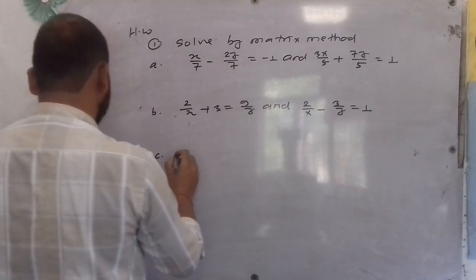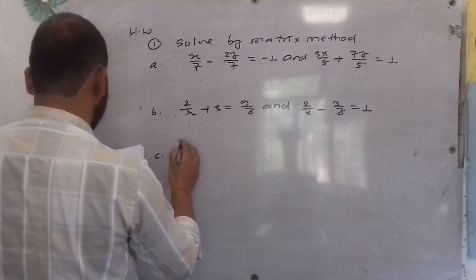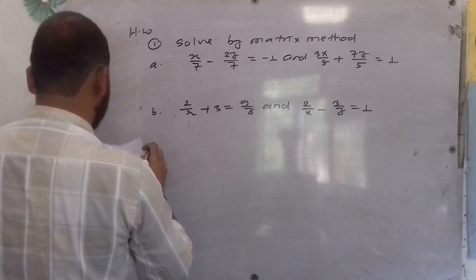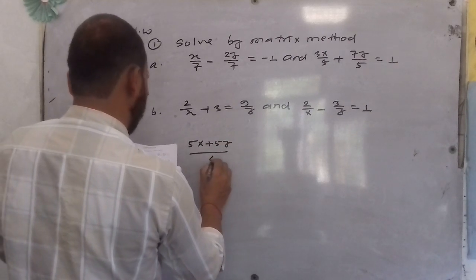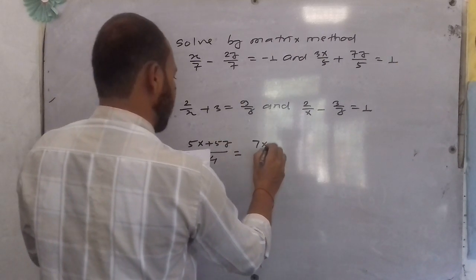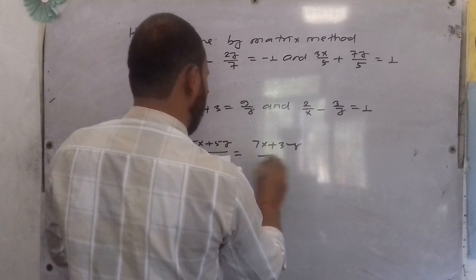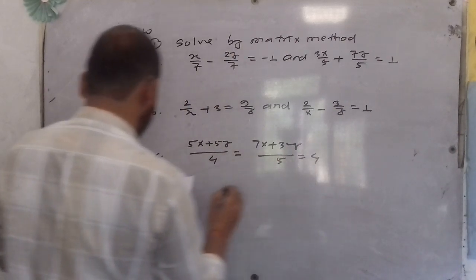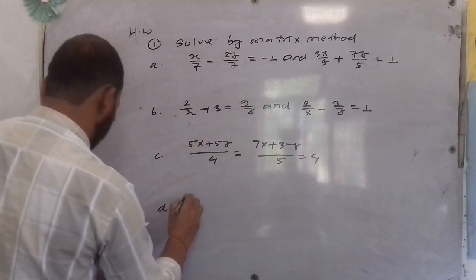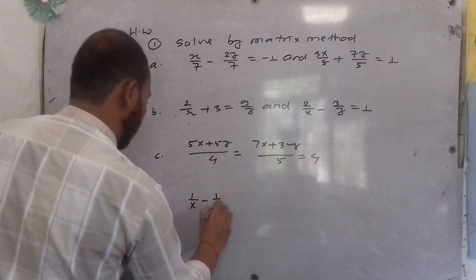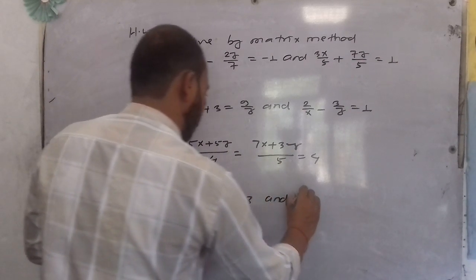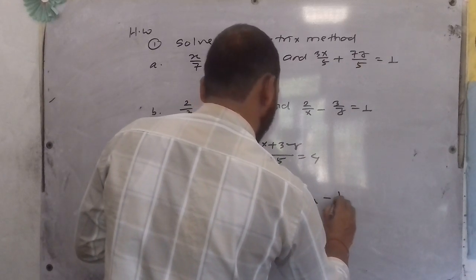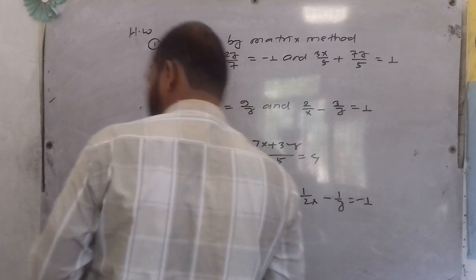C number: 5x plus 5y by 4 is equal to 7x plus 3y by 5 is equal to 4, and D number: 1 by x minus 1 by 2y is equal to 8, and 1 by 2x minus 1 by y is equal to minus 1.